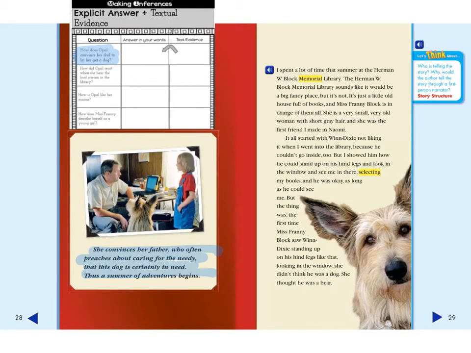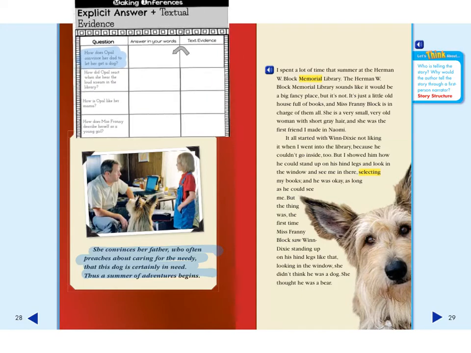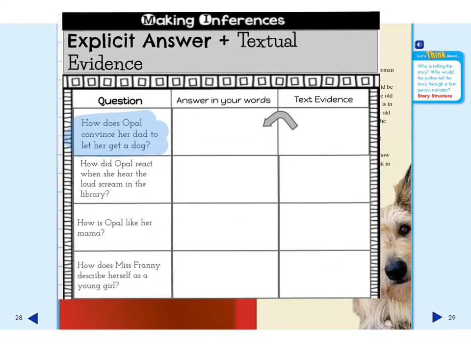Now that I've modeled some inferences, let's go ahead and practice some explicit questions. Questions that have the answers right there in the text. Let's start with our first one. How does Opal convince her dad to let her get a dog?